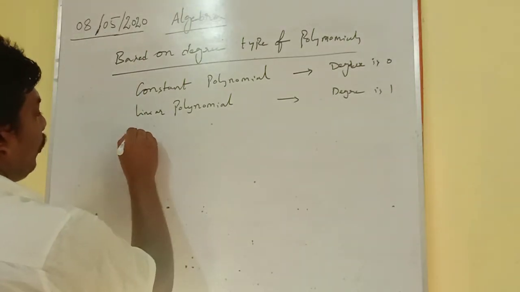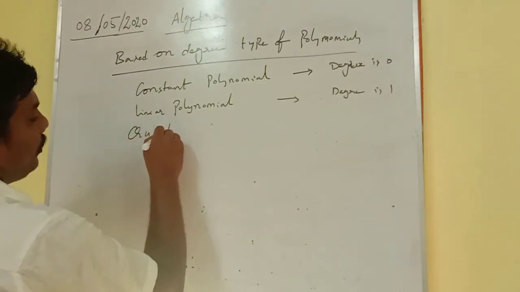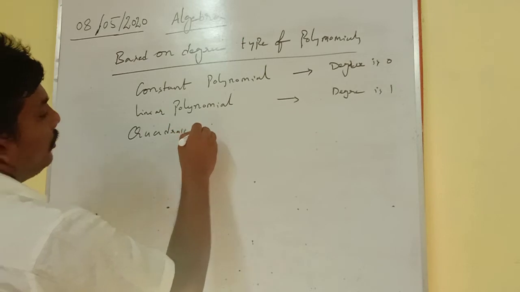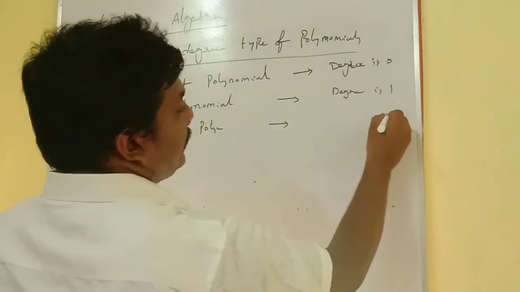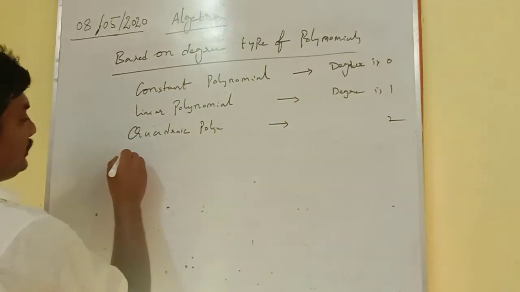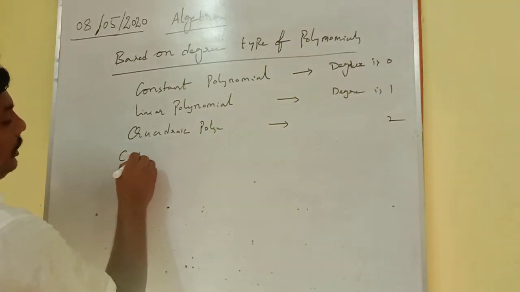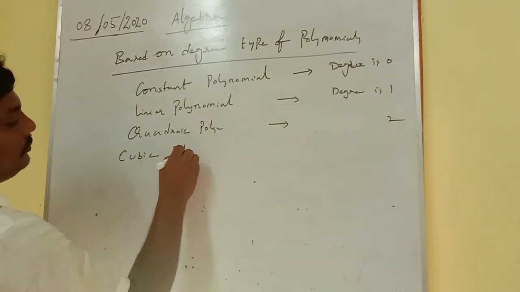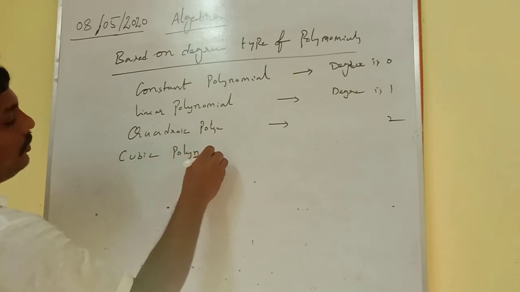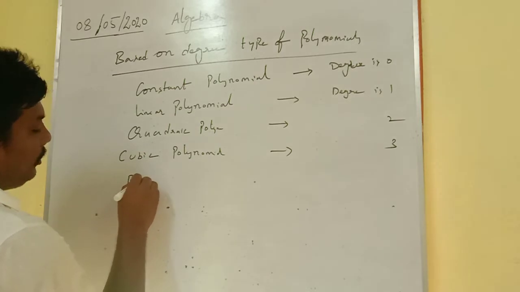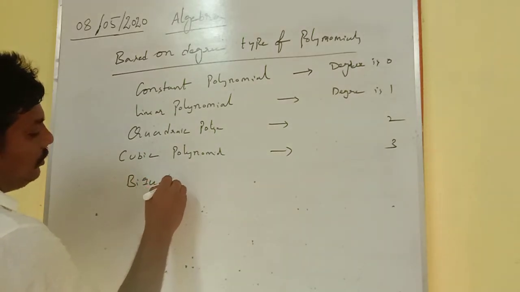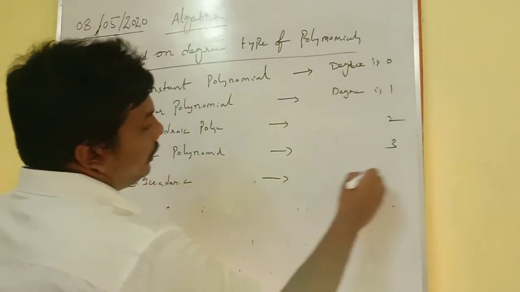Then coming to quadratic polynomial, that is degree 2. Next, cubic polynomial, degree 3. Next, biquadratic polynomial, degree 4.